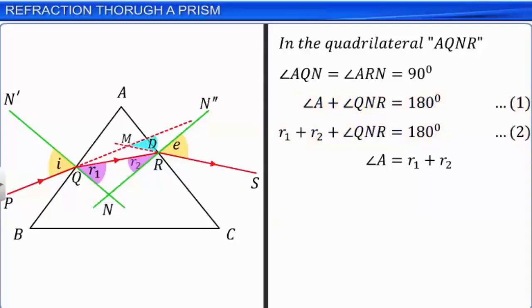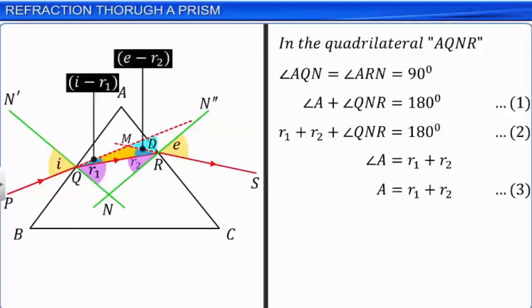Since in a triangle, an external angle is equal to the sum of the two opposite internal angles, for the triangle MQR we have D is equal to I minus R1 plus E minus R2, or D is equal to I plus E minus of R1 plus R2. On substituting the value of angle A from equation 3, we get D is equal to I plus E minus A. Let this be equation 4.